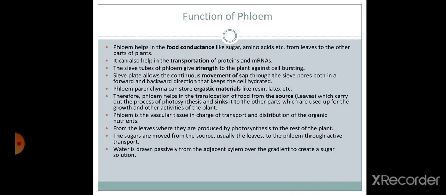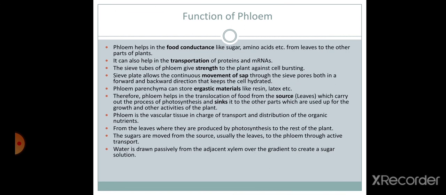They transport the prepared food materials such as carbohydrates and proteins in the downward direction to the roots, storage regions are also there, and they move the food in the upward direction to the growing regions. Hope you understood the functions of the phloem as well as the complex permanent tissue.